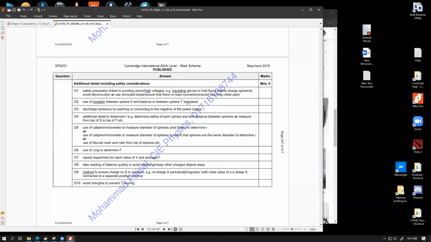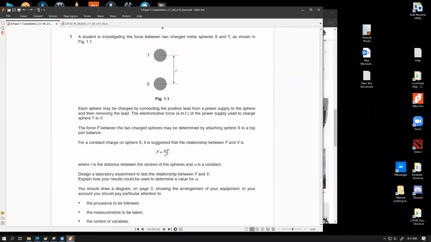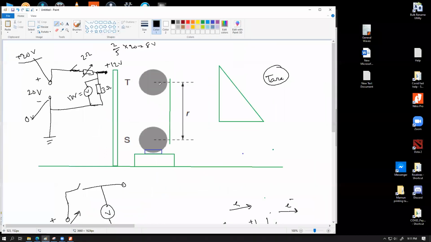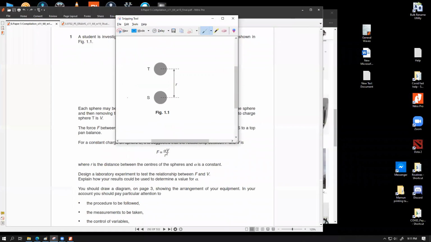Oh, I actually mentioned both of them: we have to have a plastic holder for the sphere T. The clamp should be made of plastic, or insulated. And also between the top pan of the balance and the surface, there should be an insulated spacer, so that it does not lose its charge.